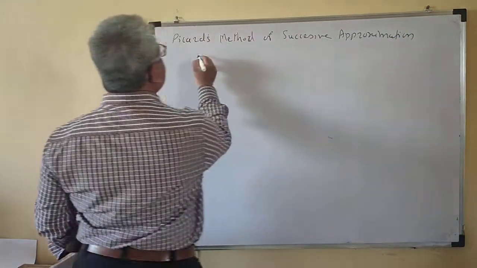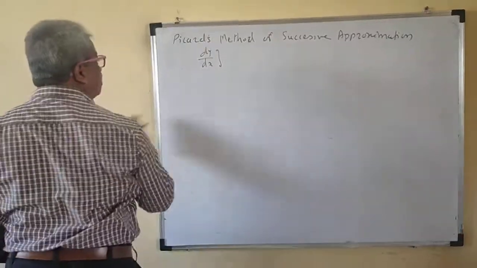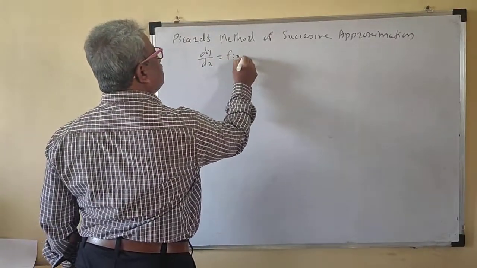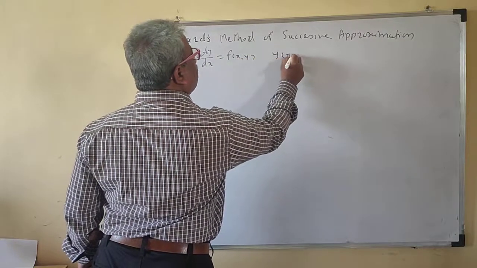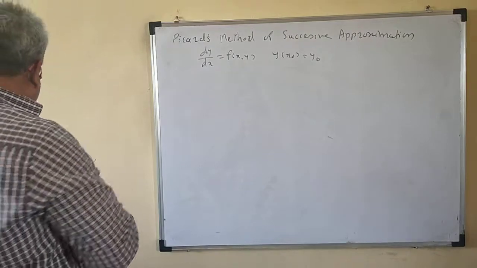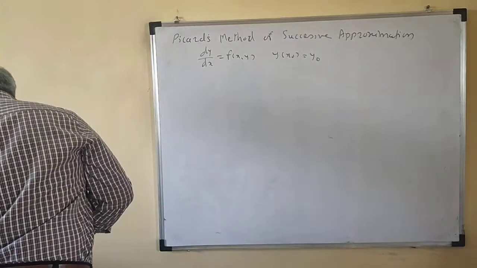Okay. So now here also you have to differentiate, dy by dx is equal to f of x y. We are finding the solution of the same differential equation, y of x naught is equal to y naught. Okay, here also.